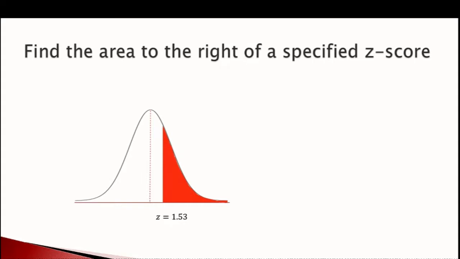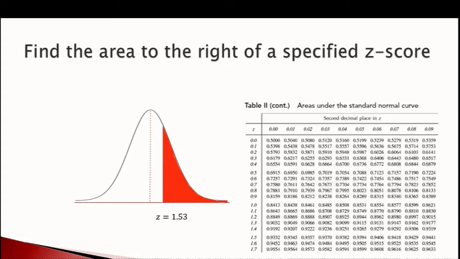Similar to the previous example, since my z-score is positive, I would go to the second page of the z-table again, and I would go down the outer column to reach 1.5 right here, and go to the right to match the second decimal place of z, 0.08, because 1.5 plus 0.08 makes 1.58.